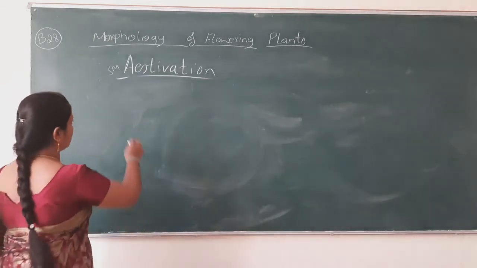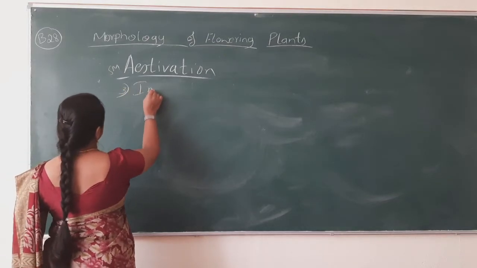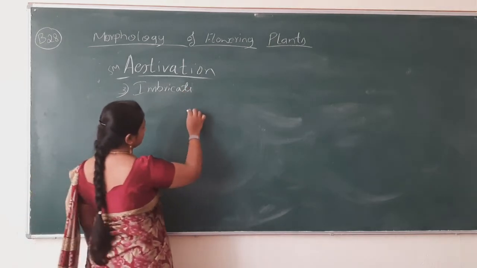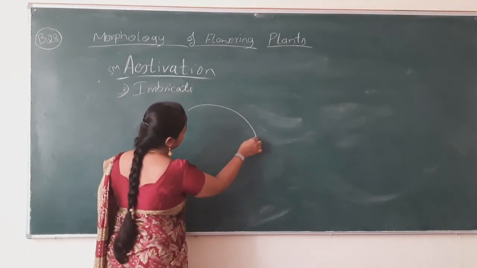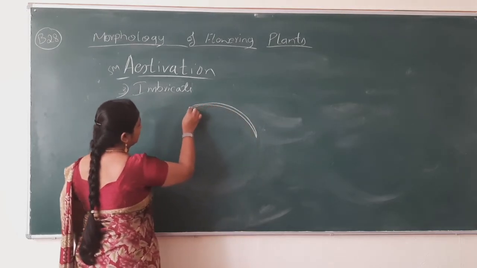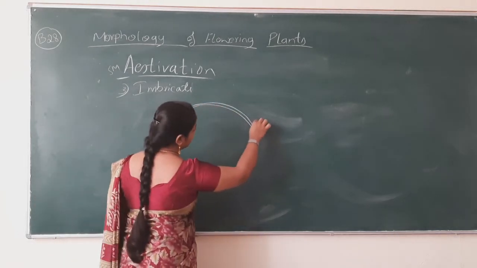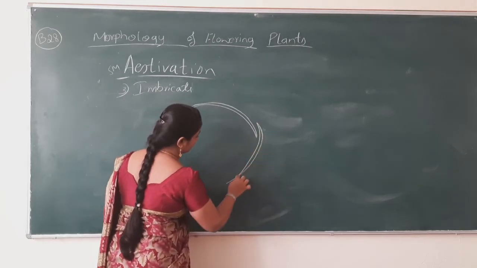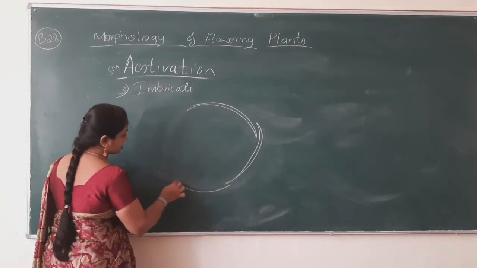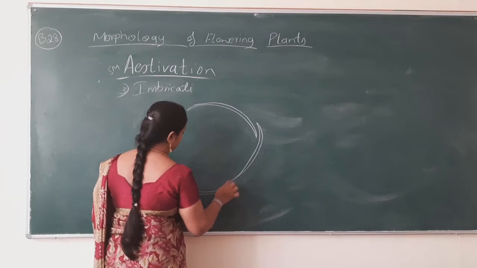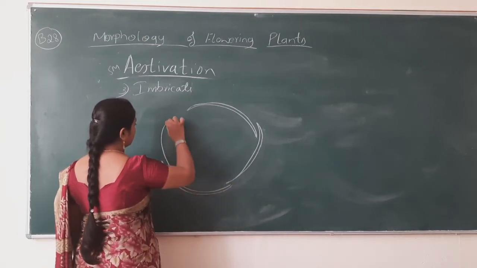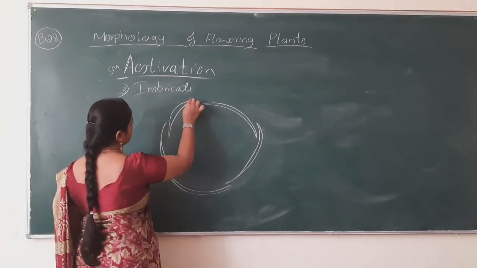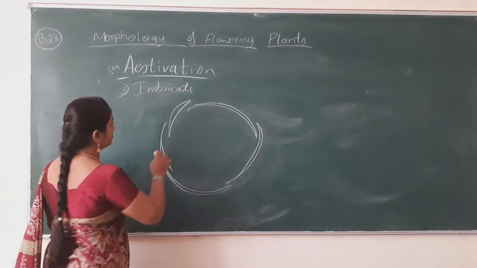And next is imbricate estivation, where one sepal or petal is completely in, and one sepal will be completely out in position, and the 3 will be in and out. So this is how the imbricate estivation will be.